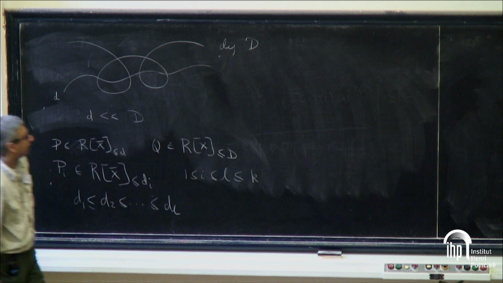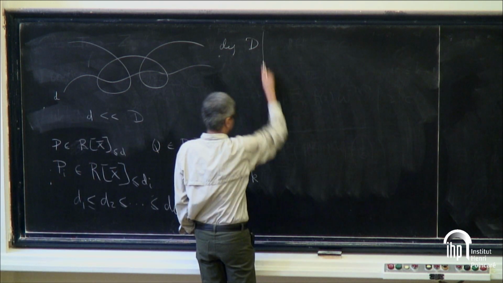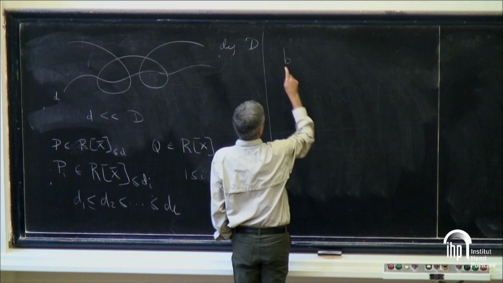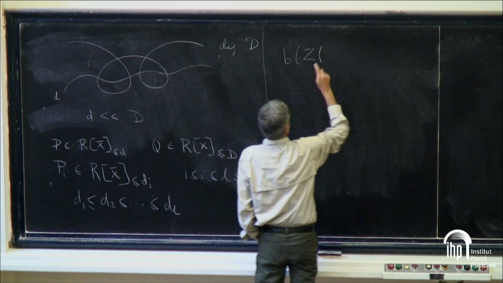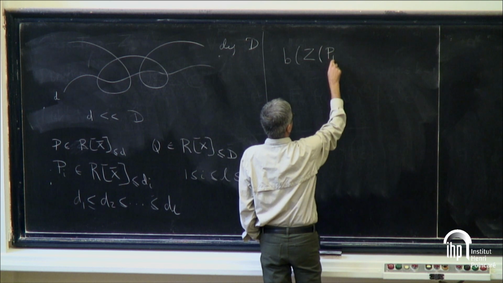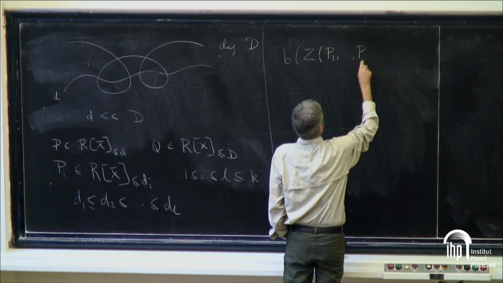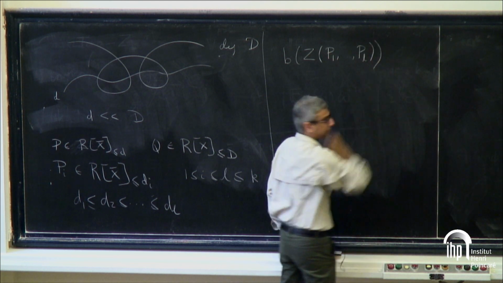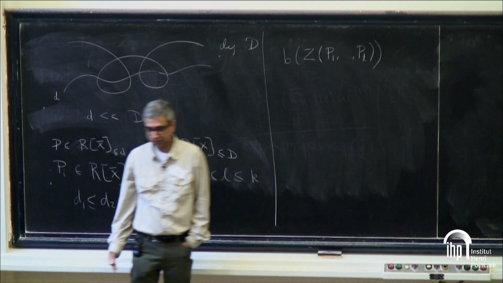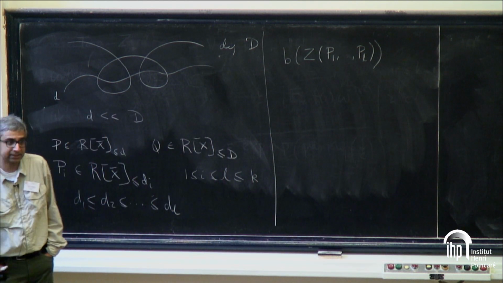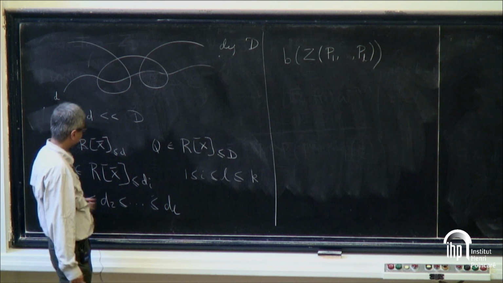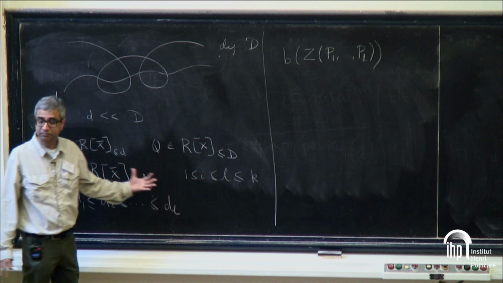you need to know a bound on the Betti numbers of the variety defined by these polynomials. But now the bound should depend more precisely on the degrees rather than the maximum degree.